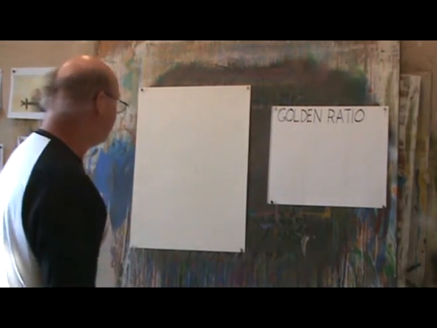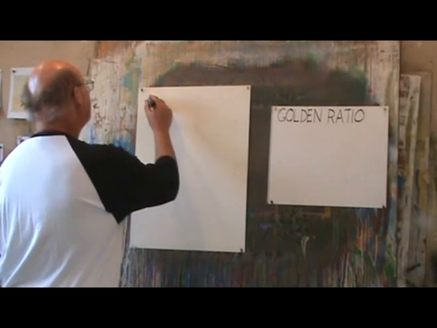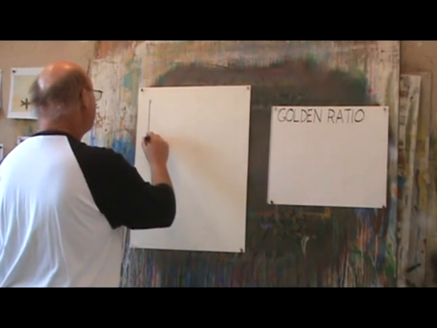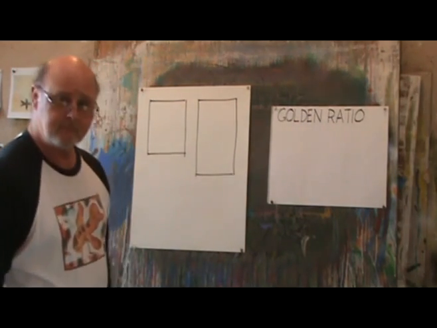There is a quality among all rectangles whereby if you have any given rectangle, we have two right here, like so.